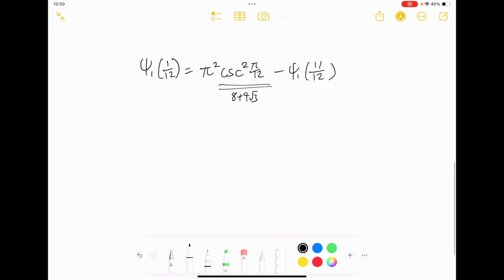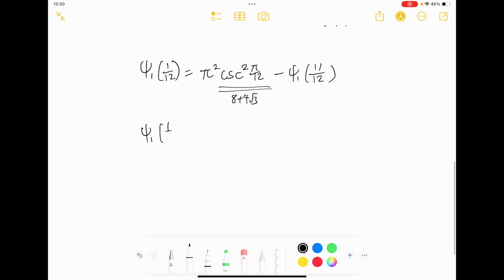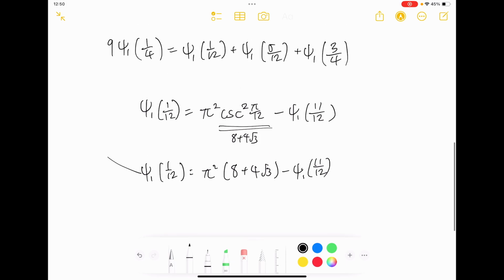And therefore, psi 1 of 1/12 is pi squared times 8 plus 4 root 3 minus this thing. Yes. And we'll just sub it into this equation.